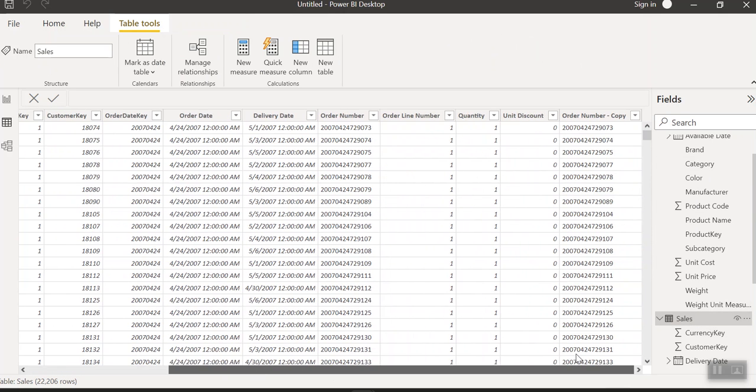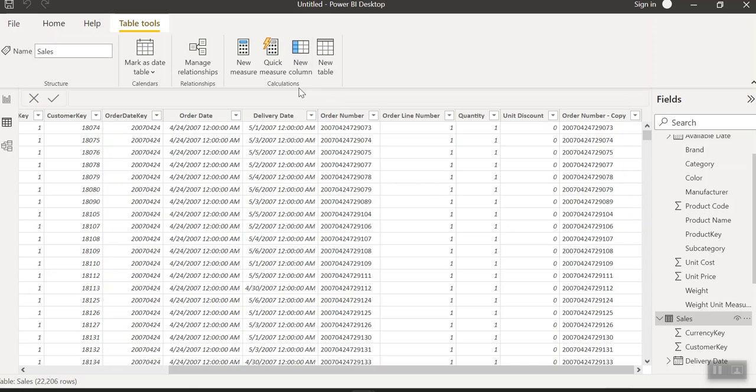If you see my sales table, I have quantity and I would like to understand my total revenue. To understand my total revenue, I have to multiply my quantity with unit price. Unit price is present in the product table, so I have to get that unit price here so that I can multiply and understand the total revenue.